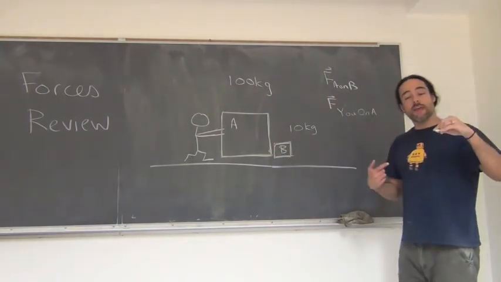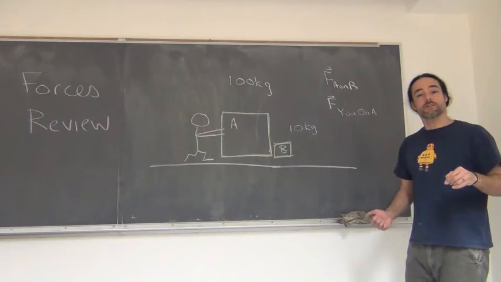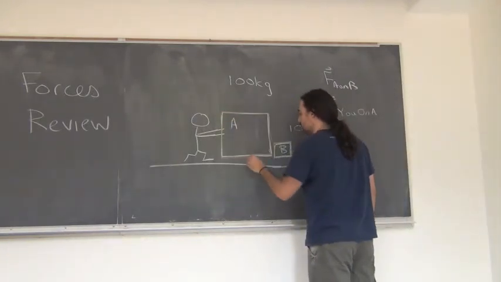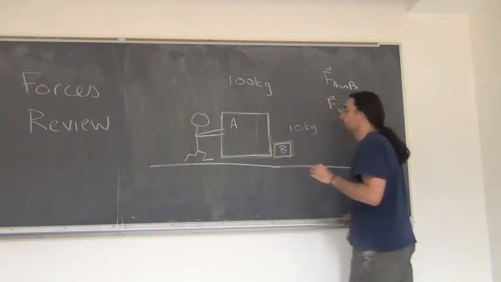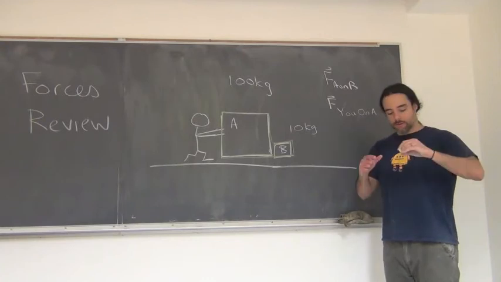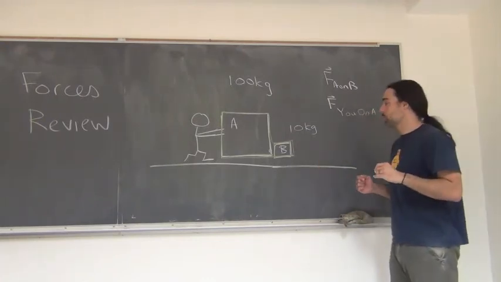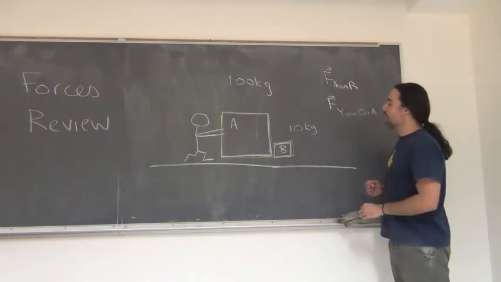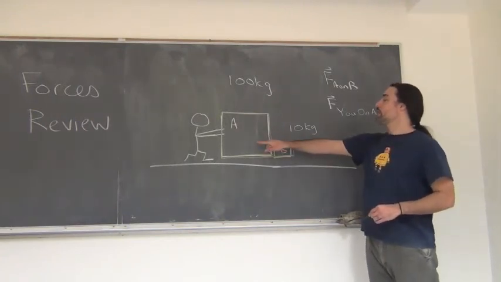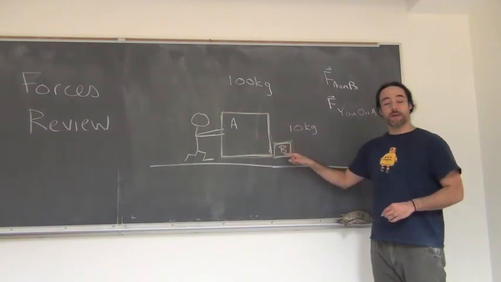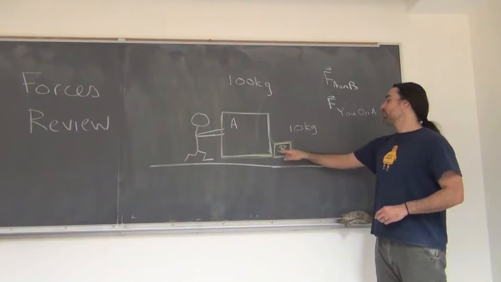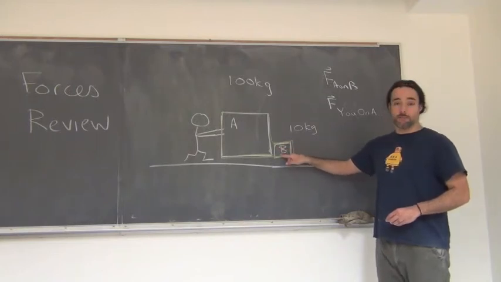Depending on how we define our system, we can define A and B to be the whole part of one big system. And in that case, it must be true that the force that goes into accelerating this big mass has to be bigger than the force accelerating just this little block B.